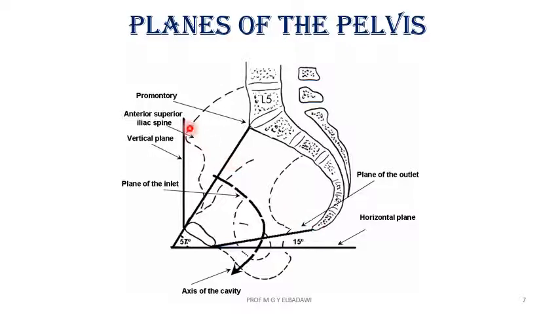You can see between the vertical plane and the inlet there is an acute angle here. Another angle between the horizontal plane and the inlet is almost 57 degrees here. Another angle between the outlet and the horizontal plane is almost 15 degrees.